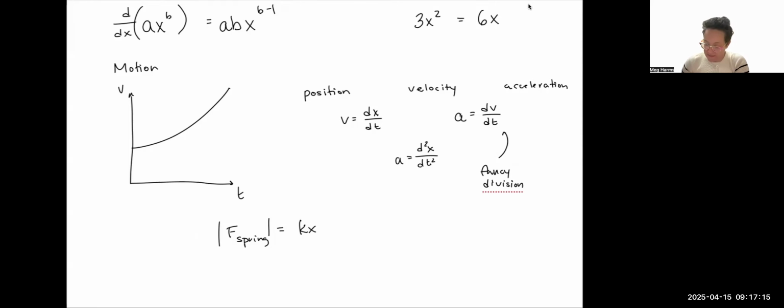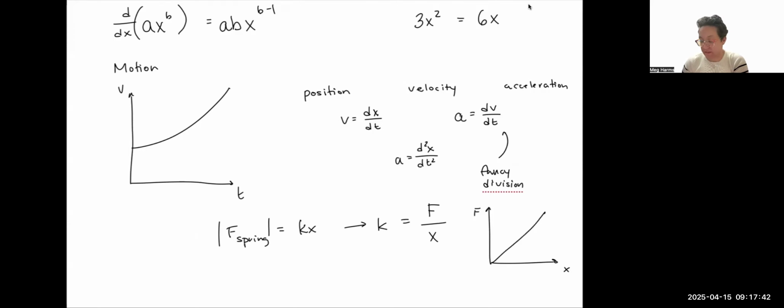Well, that means that the spring constant could be thought of as just force over extension. So if I had a graph of force and extension, then I could use a derivative to find what the spring constant is.